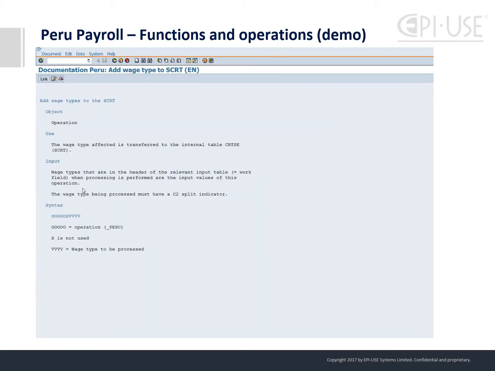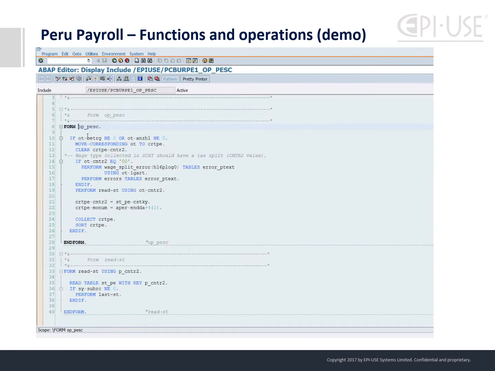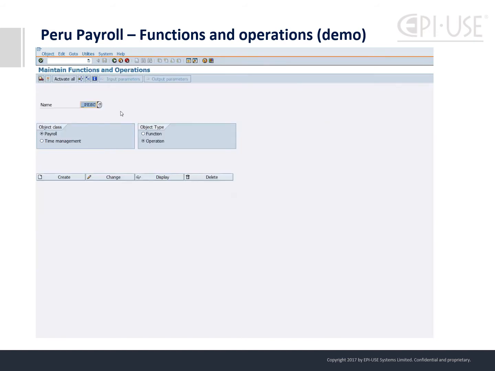Again, there's some information behind explaining the purpose and the syntax of this operation, and again the source text can be found also behind this operation. So in the Peru solution we have a couple of functions and operations that are used for this functionality.